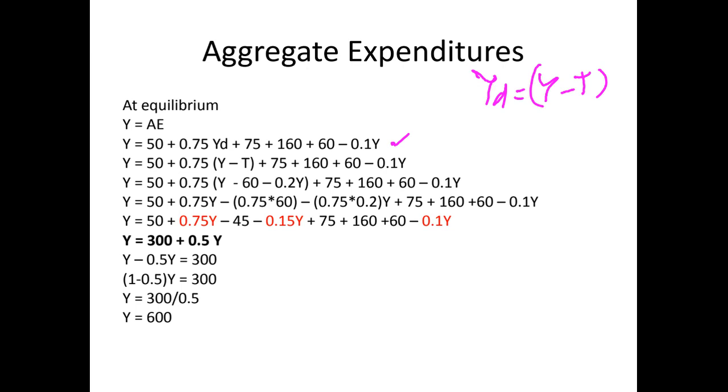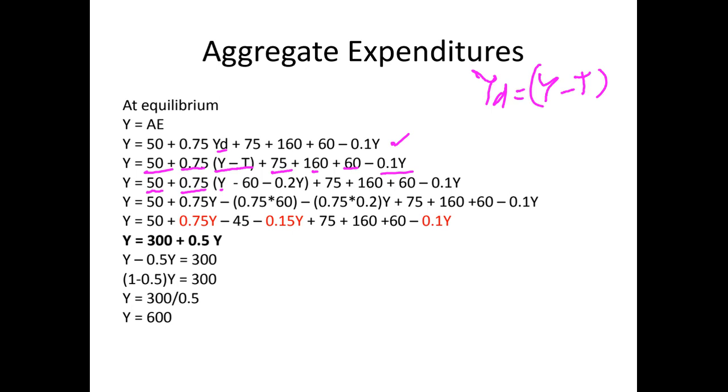Now see this. So I write first 50 plus 0.75, and instead of this YD, I write Y minus T, and then all the numbers are same, 50, 160, 60, minus 0.1Y. And then instead of this T, I plug in the tax function. So I write same 50, same 0.75, same Y. Instead of T, I write 60 plus 0.2Y.